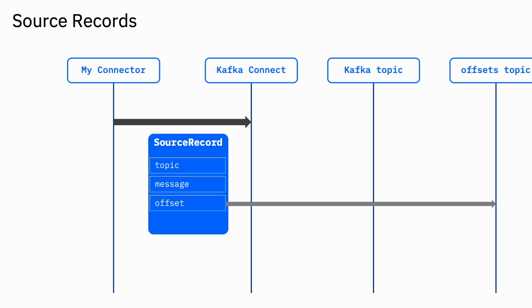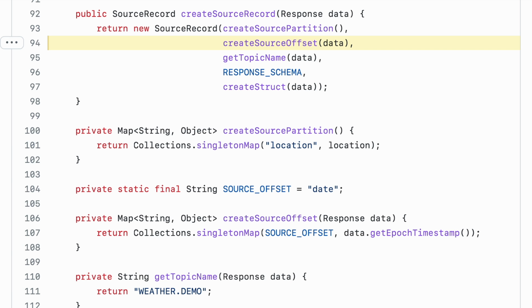And this is really dependent on the data you're getting from the external system. As a developer of a new connector, it's on you to choose the right value to use because it is very dependent on your data source. If your backend external data system is something like a database, you might use something like a row ID for this. Now, for me, the API responses I get back from the weather API all have a timestamp in them.